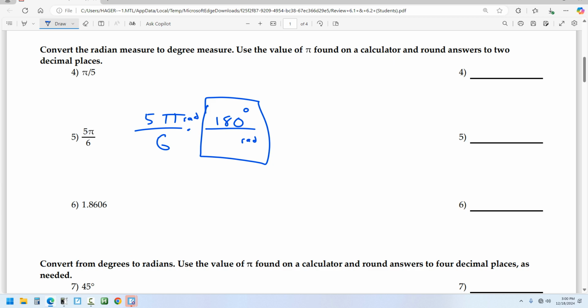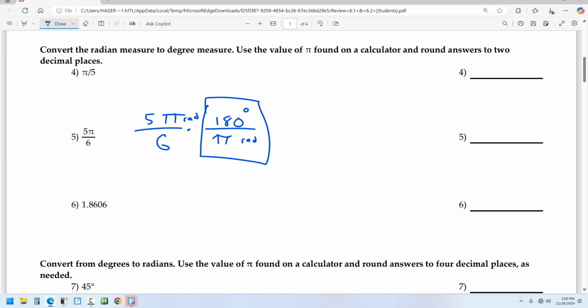Pi. So just put pi down. When you're converting from radians to degrees, you multiply by 180 over pi. So it's always pi on the bottom on the right when you are converting from a radian to a degree.